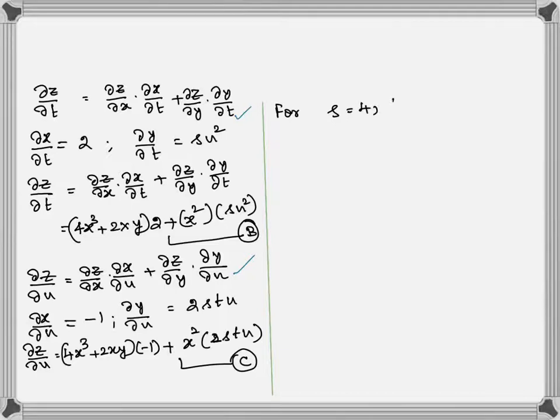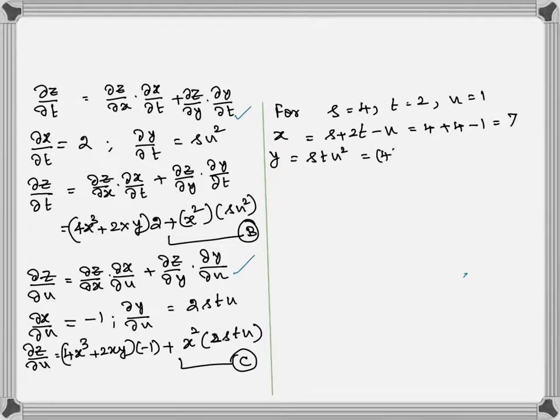So when s equals 4, t equals 2, and u equals 1, x becomes, substituting into s plus 2t minus u, 4 plus 4 minus 1, which is 7. So x is 7. y is stu squared. Substituting the values of s, t and u, we get that value to be equal to 8. We got the value of x, we got the value of y.